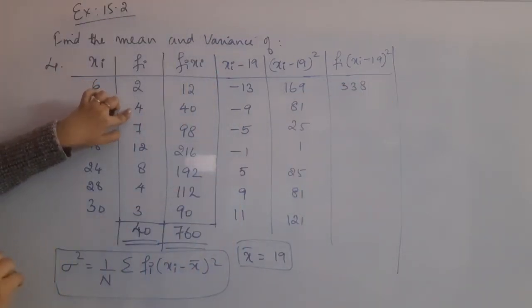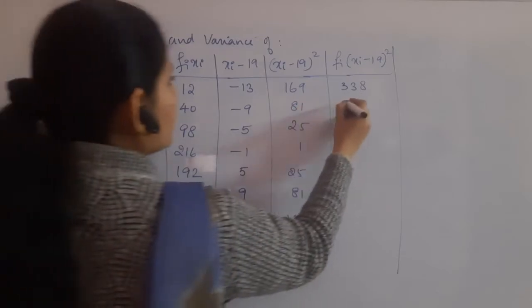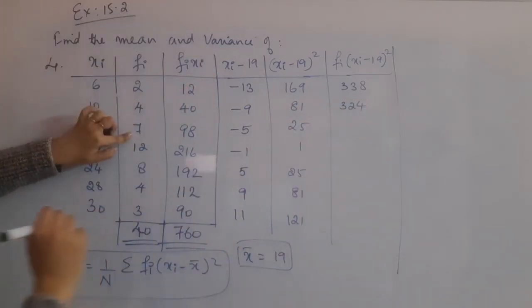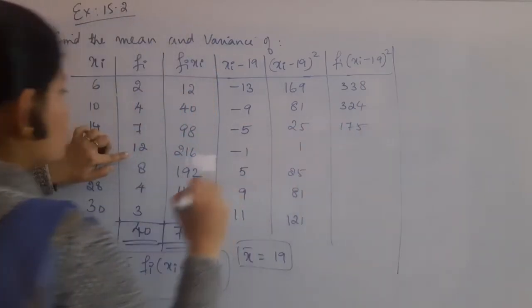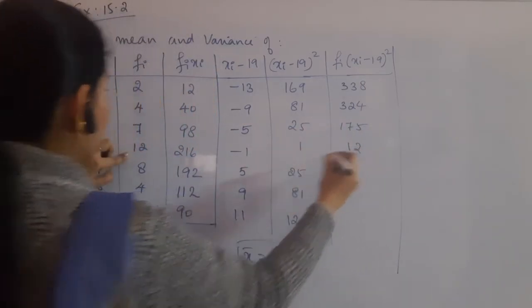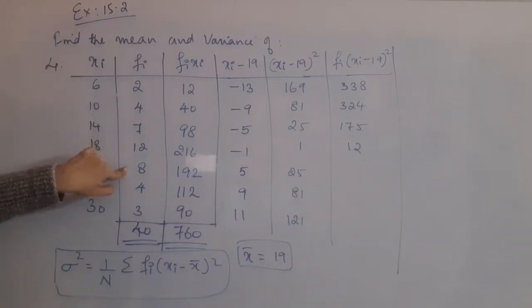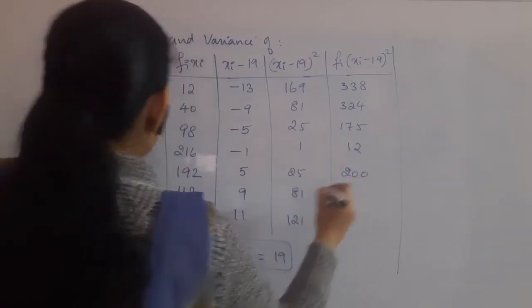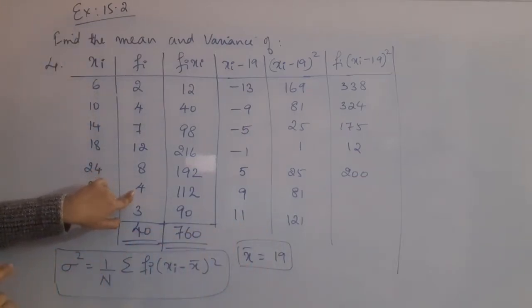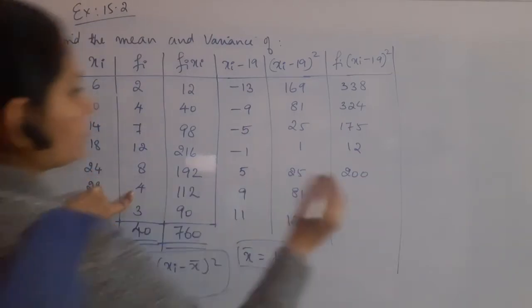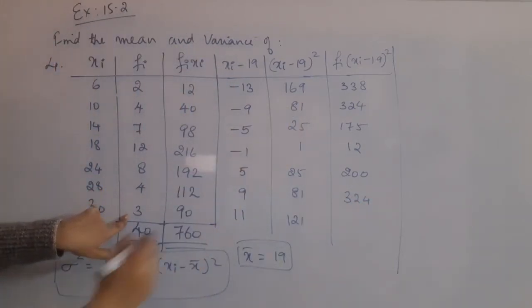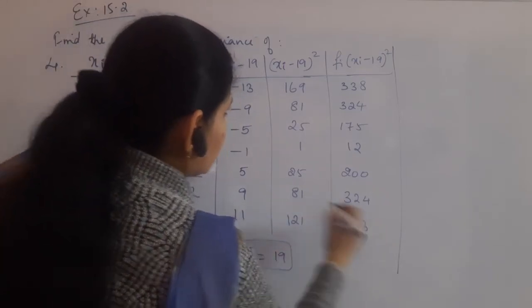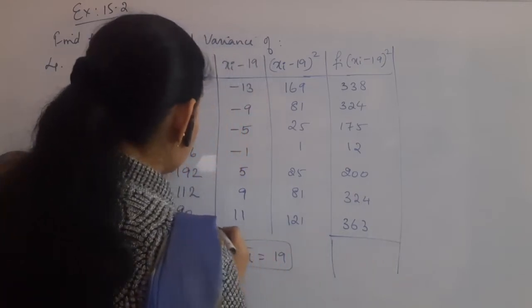Then 4 into 81, 324. 7 into 25, 175. 12 into 1, 12. 8 into 25, 200. Then 4 into 81 will give you again 324. Then 3 into 121 will give you 363. You have to find out the sum here.